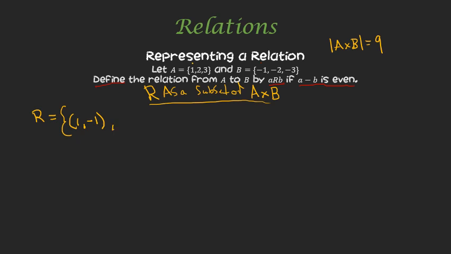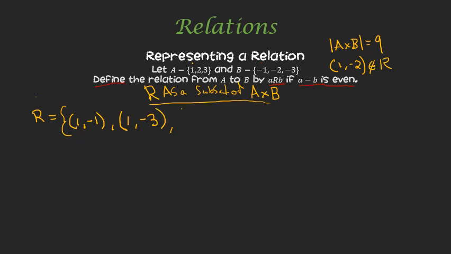Next, 1 and -2: 1 minus -2 gives me 3, which is odd, so (1, -2) is not an element of the relation. I'm not going to write it over here when I'm describing my set R. 1 and -3 though: 1 minus -3 gives me 4, which is even, and so 1 and -3 are related.